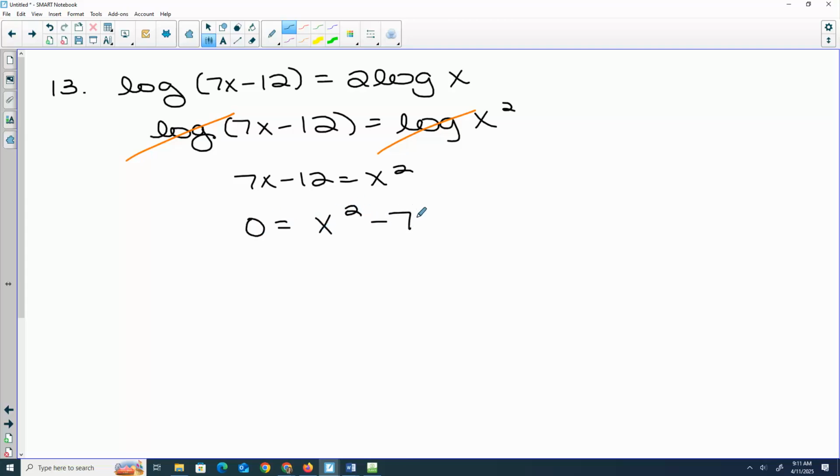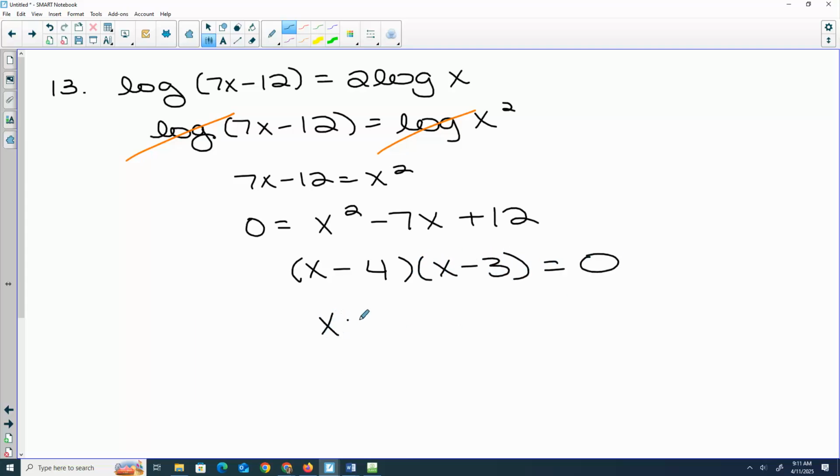So I can subtract over my 7x, add over my 12. It factors into x minus 4, x minus 3. We set those equal to 0, we get 4 and 3.